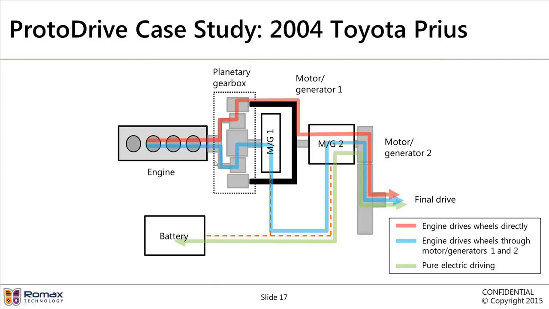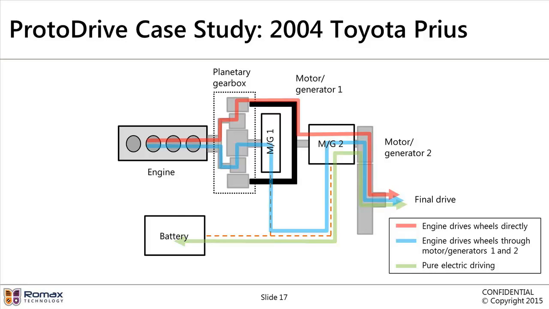The blue power path here is where power from the engine goes through MG1 acting as a generator, is converted into electricity, and then that electricity is used to drive MG2 acting as a motor, and that motor drives the wheels.